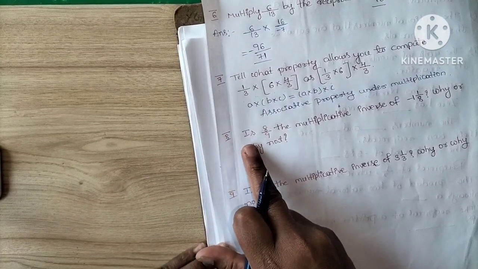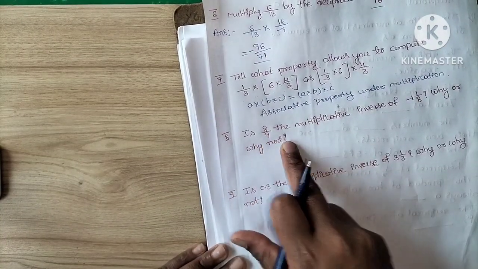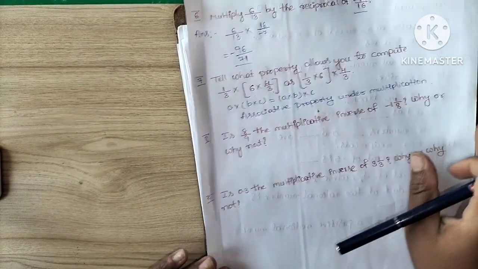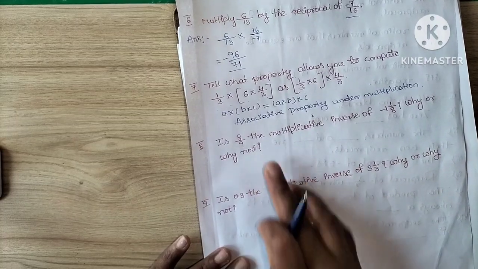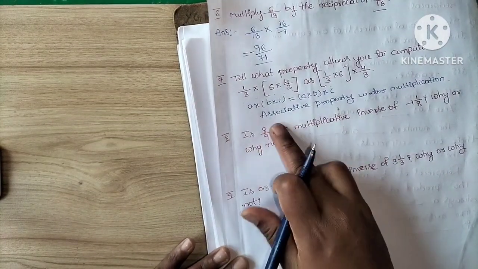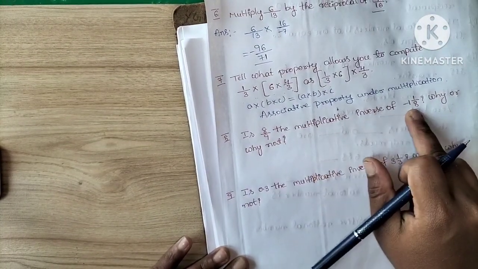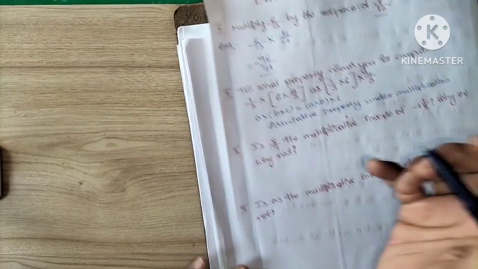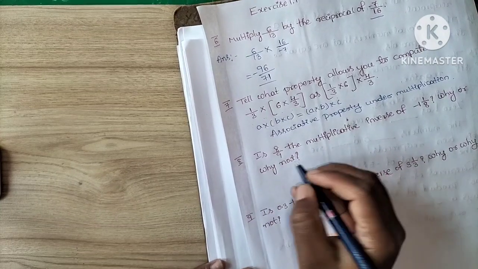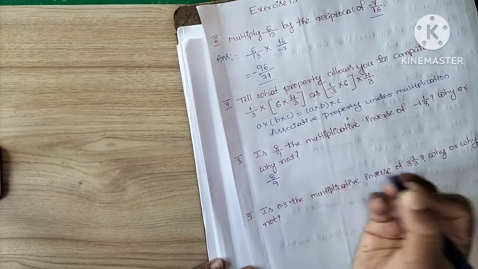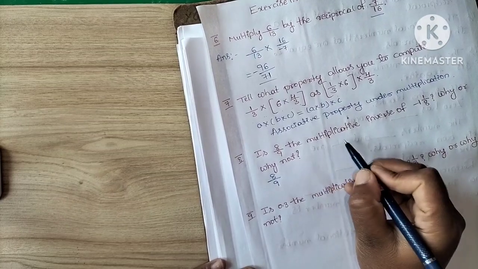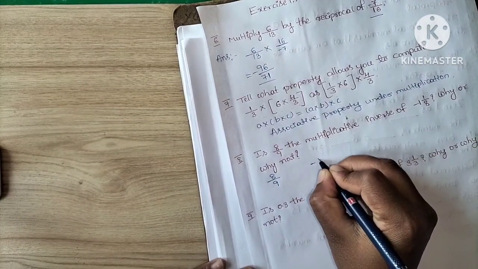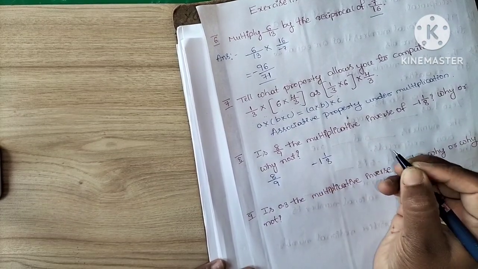The 8th question is: is 8 by 9 the multiplicative inverse of minus 1 of 1 by 8? Why or why not? That is what we have to find out first. Minus 1 of 1 by 8 is a mixed fraction.